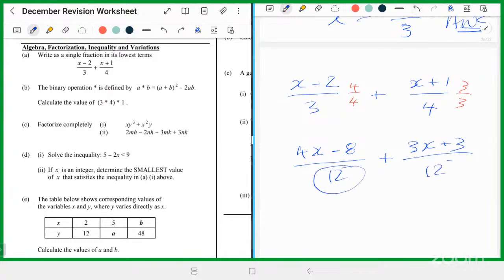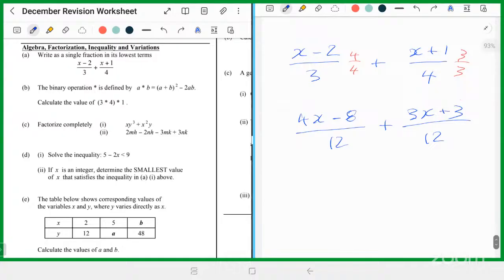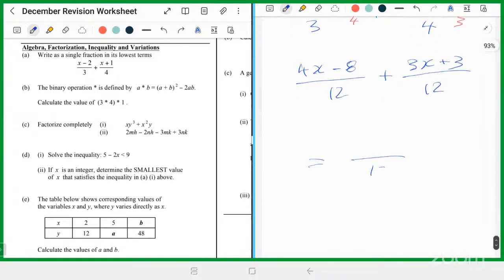Now that I have the same denominator, we can put back that common denominator and just add the numerator values. So it's 4x plus 3x, that's 7x. Then minus 8 plus positive 3. Not minus 5, minus 8. I'm thinking about the answer already. Minus 8 plus 3 is negative 5. That is the answer right there.